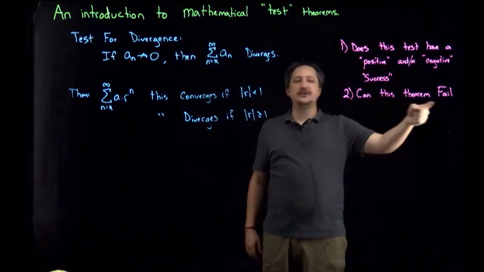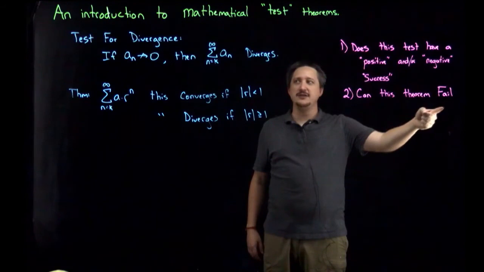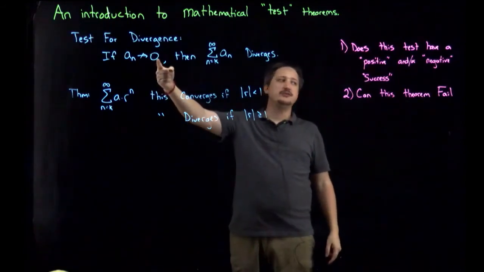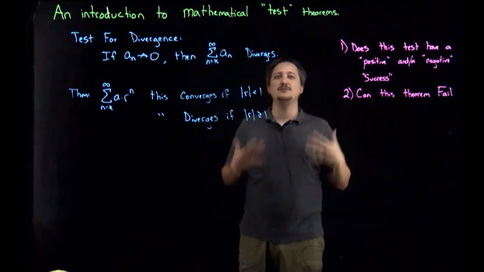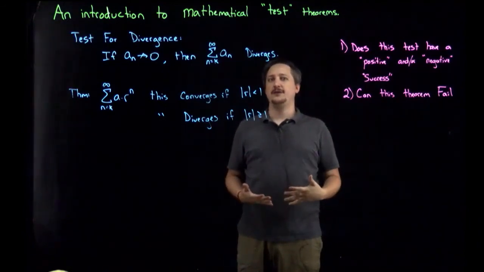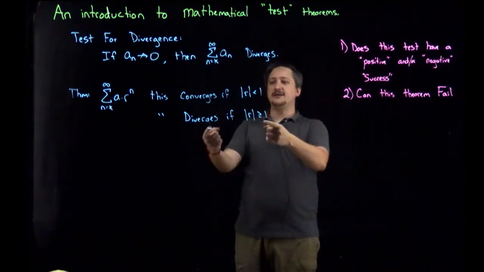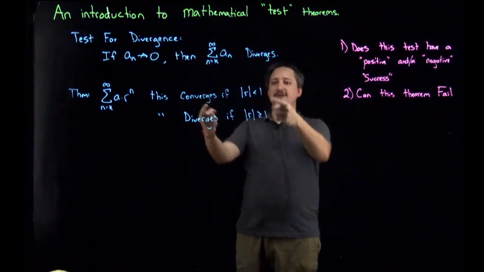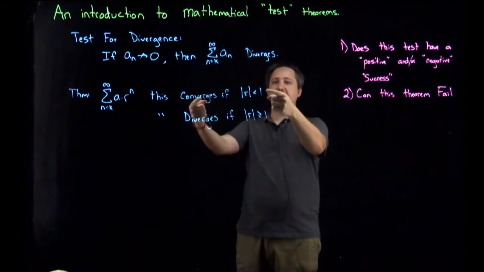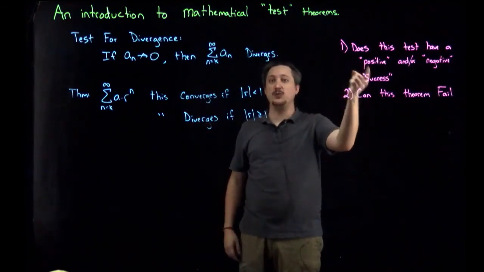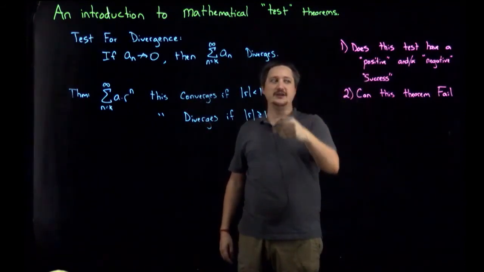But this test for divergence can fail because if an does not go to 0, that is a failure of the test. I know nothing more than I did before, okay? That's the difference. Here, regardless of what r is, I know stuff, right? If it's bigger than or equal to 1, I know something. If it's less than 1, I know something. It succeeds either way, it just gives me a different answer.